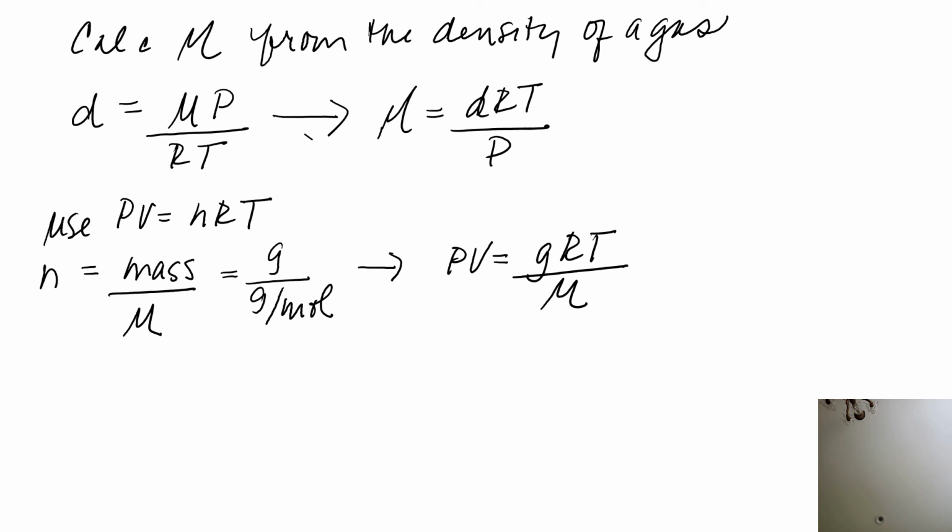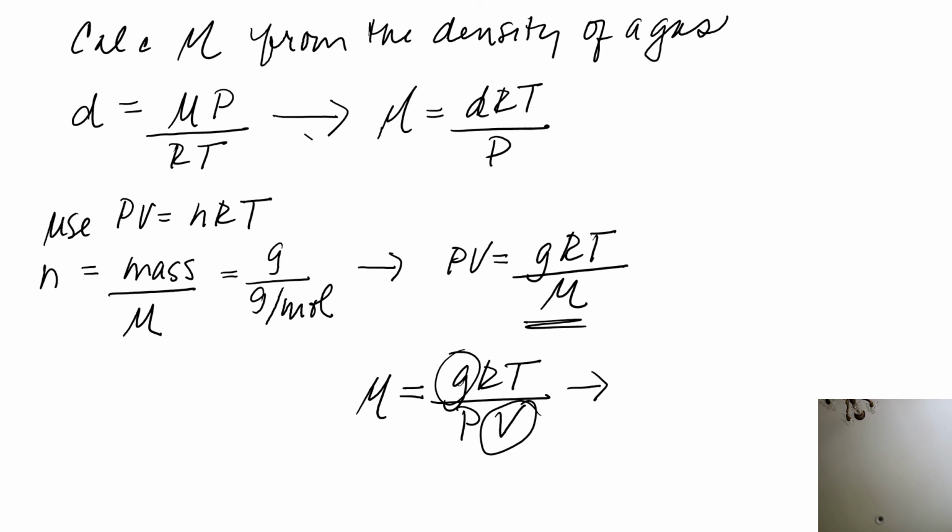And we can rearrange that now to solve for molar mass, GRT over PV. Notice we have grams per unit volume in liters. So we can rewrite this as D, the grams per V, RT over P.